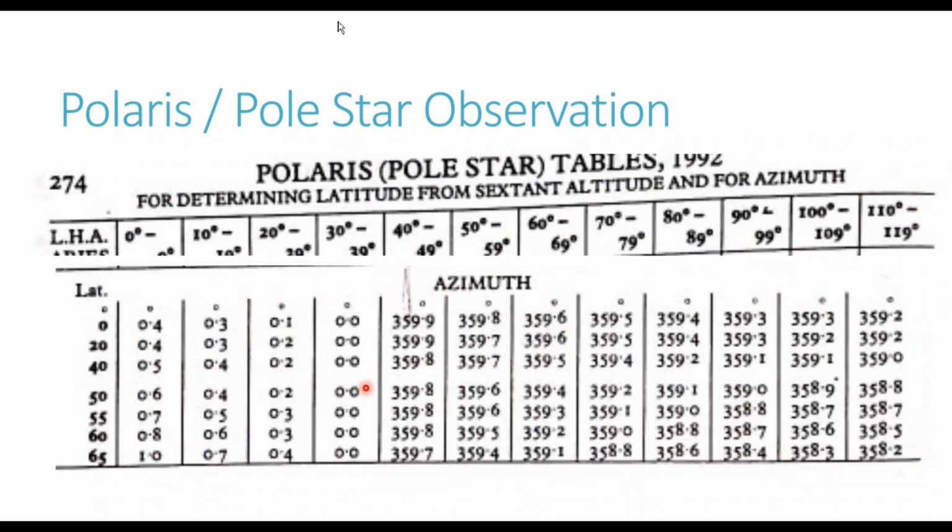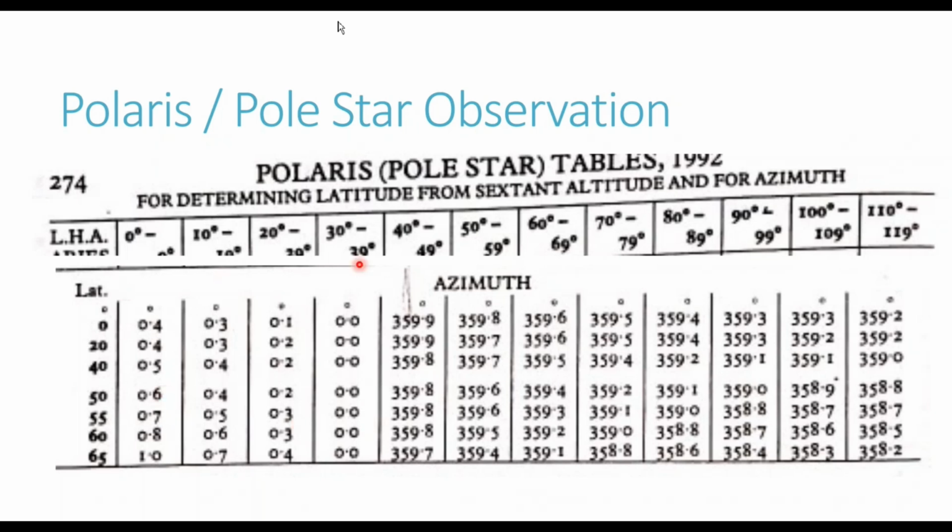I will tell you about its importance when we plot the Polaris observation. So this is important. Just keep in mind that there are two ranges of LHA Aries, 30 to 39 and 210 to 219, wherein the azimuth is exactly 000.0.